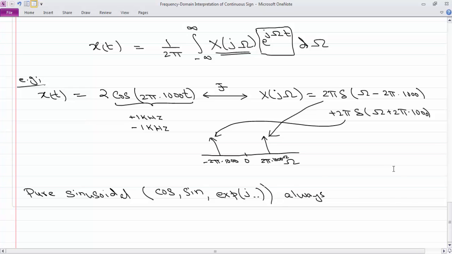The 1 kilohertz frequency says that you have a phasor which is rotating in the clockwise direction at the rate of 1000 rotations per second, and the minus 1 kilohertz frequency is a phasor which is rotating in the anti-clockwise direction at a rate of 1000 rotations per second, and the cosine is the sum of these two frequencies. So it's a pure sinusoidal signal which is made up of two frequencies, so we get two impulses. So pure sinusoids always exist in the Fourier transform as impulses.